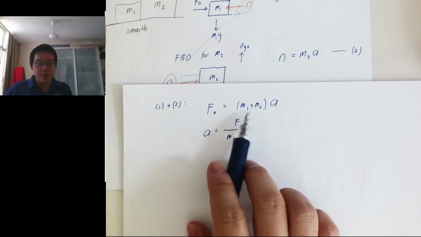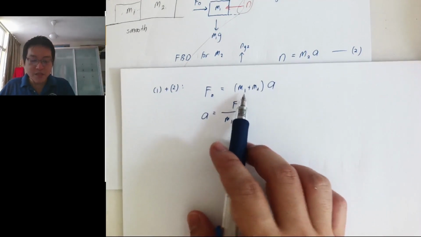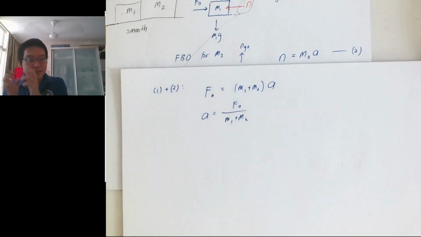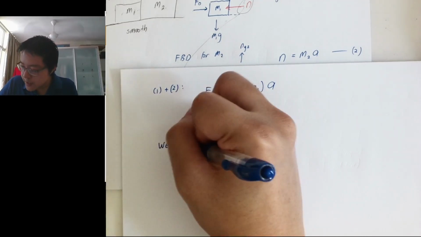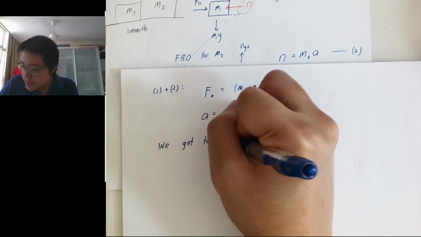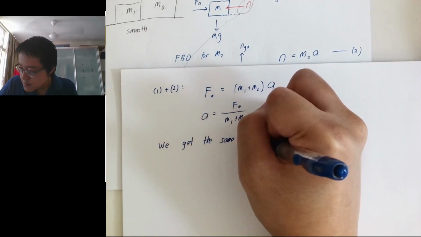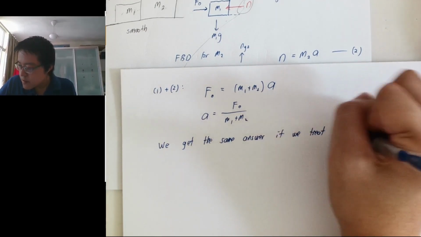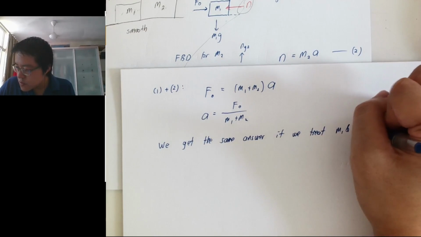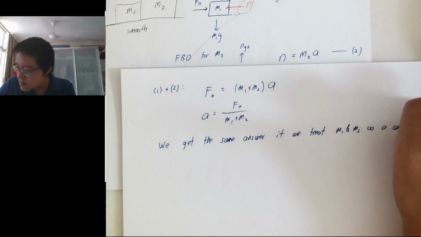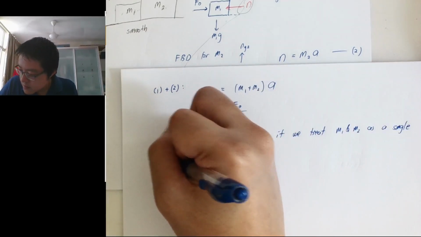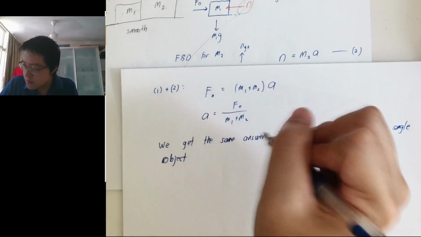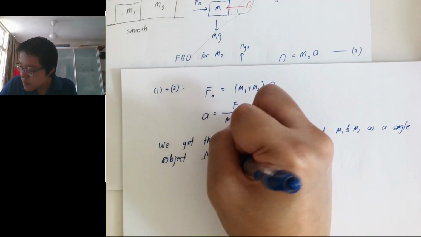Notice that this is the same equation you get if I consider M1 and M2 as a single object. In other words, we get the same answer if we treat M1 and M2 as a single combined object of mass M1 plus M2.